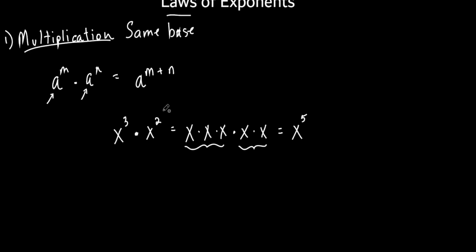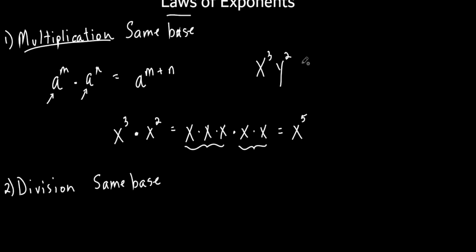I have the power rule second, but I'm going to write division right now. So we'll write number 2, division. And again, this only works when you have the same base. Tell you what, let's pop back up here again. What if I had x to the 3rd times y to the 2nd?